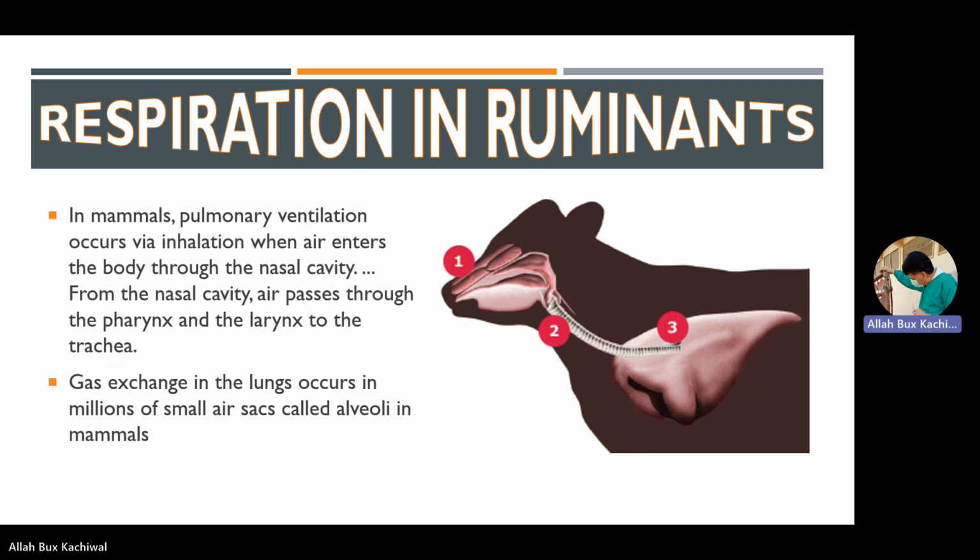Mostly in the respiration of ruminants and mammals, pulmonary ventilation occurs via inhalation. Air enters the body through the nasal cavity, and from the nasal cavity, air passes through the pharynx and larynx to the trachea. Gas exchange in the lungs occurs in millions of small air sacs called alveoli in mammals.